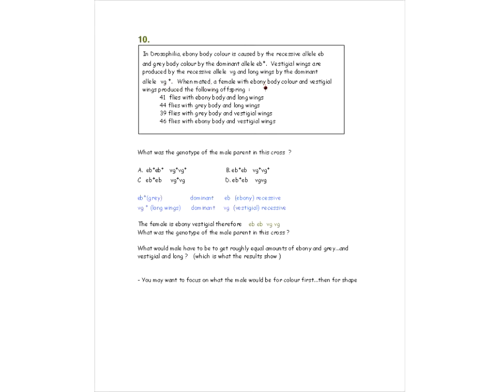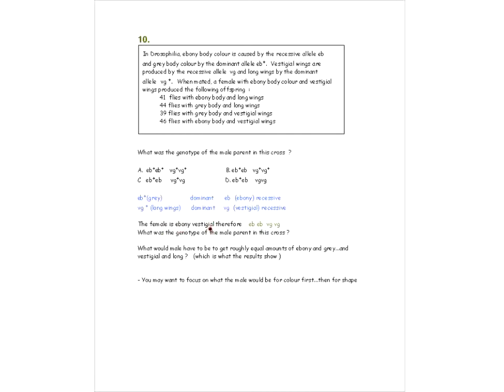So, we're told that the female with ebony body color and vestigial wings is mated and produces the following offspring. The question is asking, what's the genotype of the male in this cross? Let's first define what's dominant and recessive. That's always important in any genetics question to get that right off the bat. Then look at the parents you're given and figure out what their genes are.